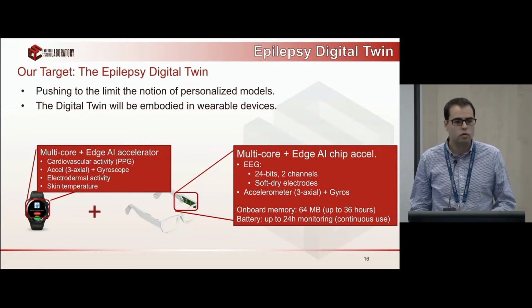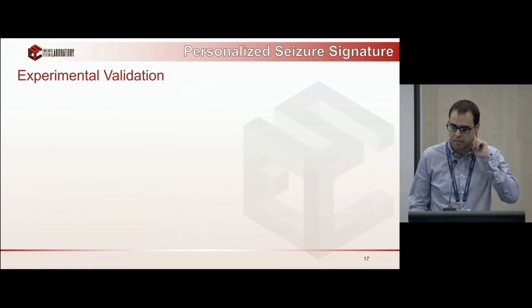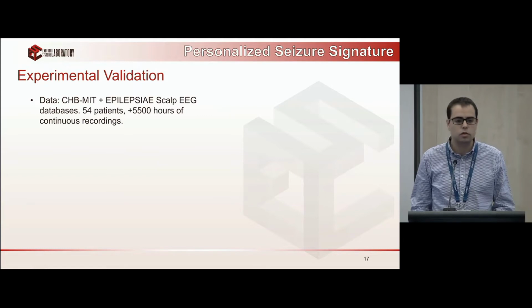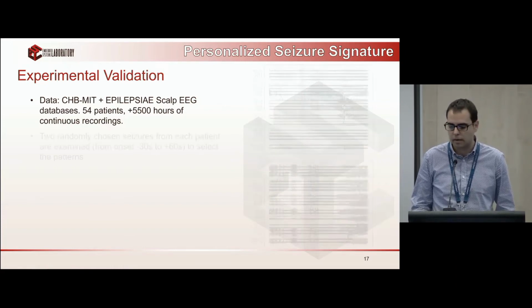And in order to validate if this approach would be more or less feasible, we performed an experimental validation that was mentioned before by Philippe, in which we use two public databases, the CHB-MIT and the Epilepsy. This makes a total of 54 patients with more than 5,500 hours of continuous EEG monitoring.